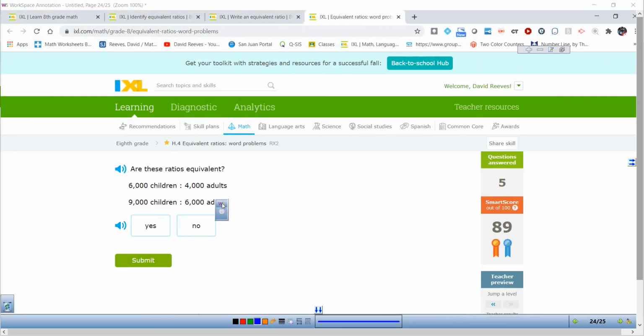I know I said that was the last one, but I want to finish strong on this one because here's one we definitely should be able to see, right? I can just get rid of these zeros. I just divide it by 1,000. And the question is simply, is 6 over 4 equal to 9 over 6? All right, so here's a case where, hey, if I do that cross multiplication, 4 times 9 is 36. 6 times 6 is 36.